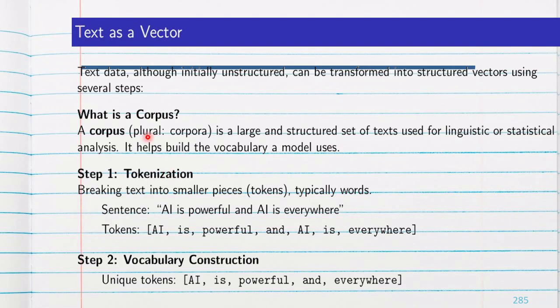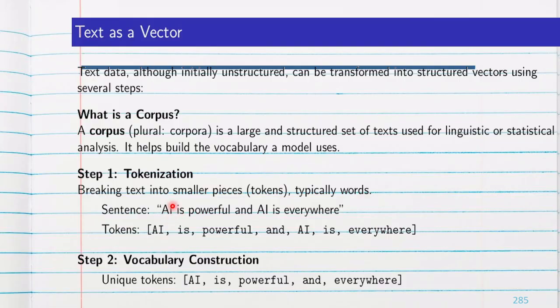So we have a corpus. Corpus means a large structured set of text used for linguistic or statistical analysis, so we need to convert unstructured text data into structured form. For example, the sentence: AI is powerful, AI is everywhere. We break this sentence into smaller pieces, and each piece is known as a token.